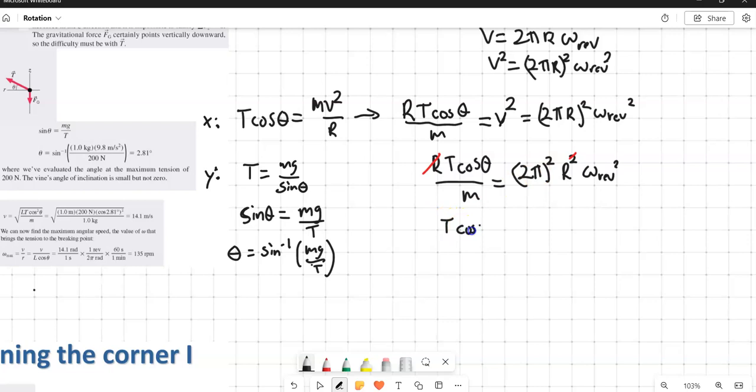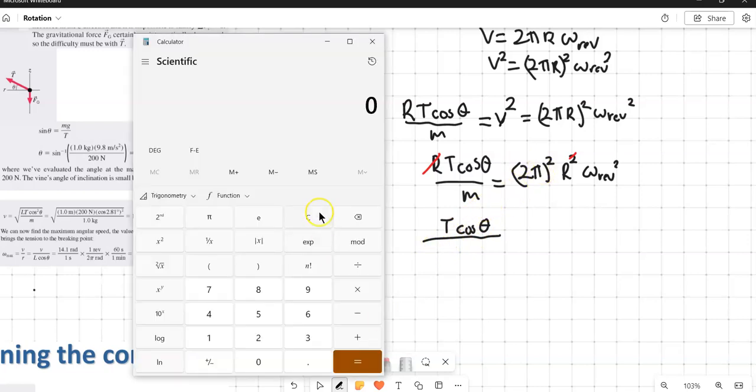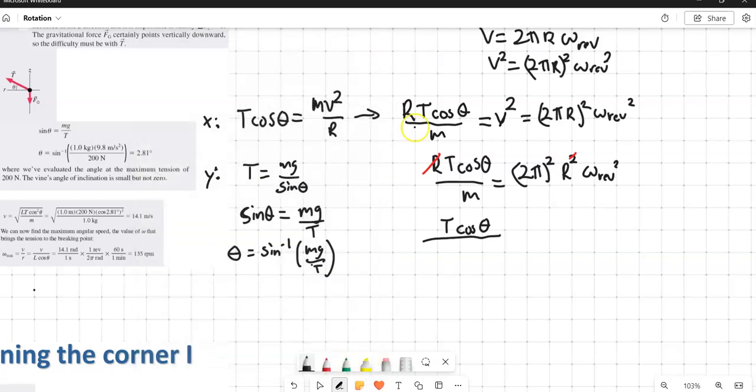2 cosine of theta divided by, well, let's figure out what 2 pi squared is. Let's take 2 times pi equals 6.28, and let's square it. So 39.478. So 2 pi squared is 39.478.